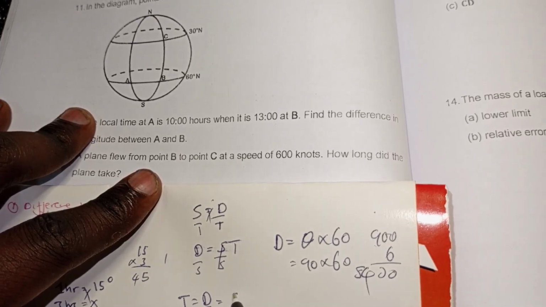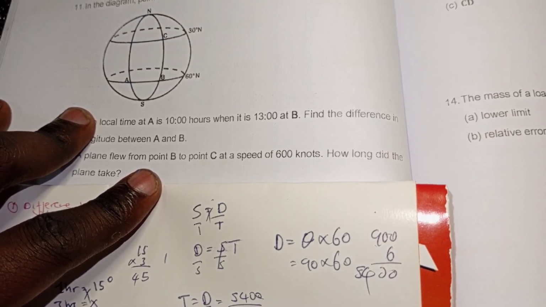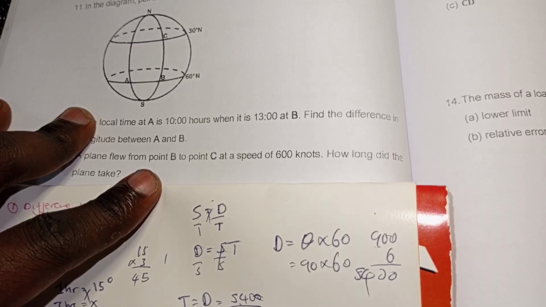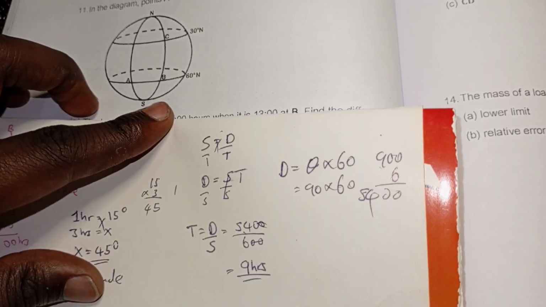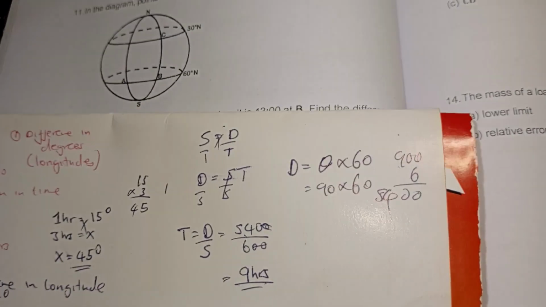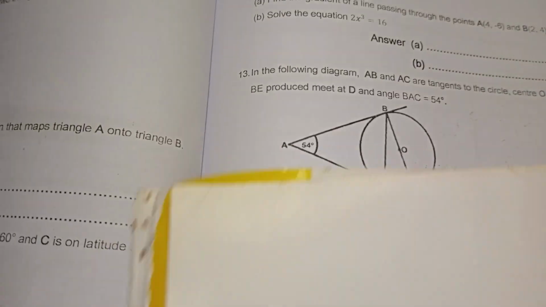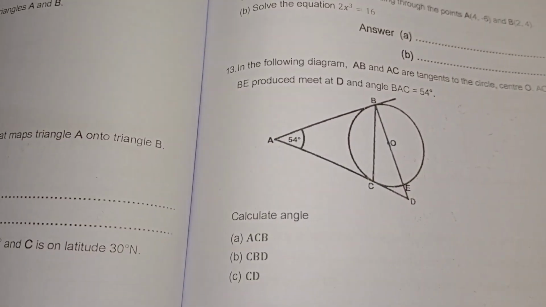The speed is 6, so cancel that and that. This will give us 9 hours. That's how we can find this one. Okay, let's go to question 12.